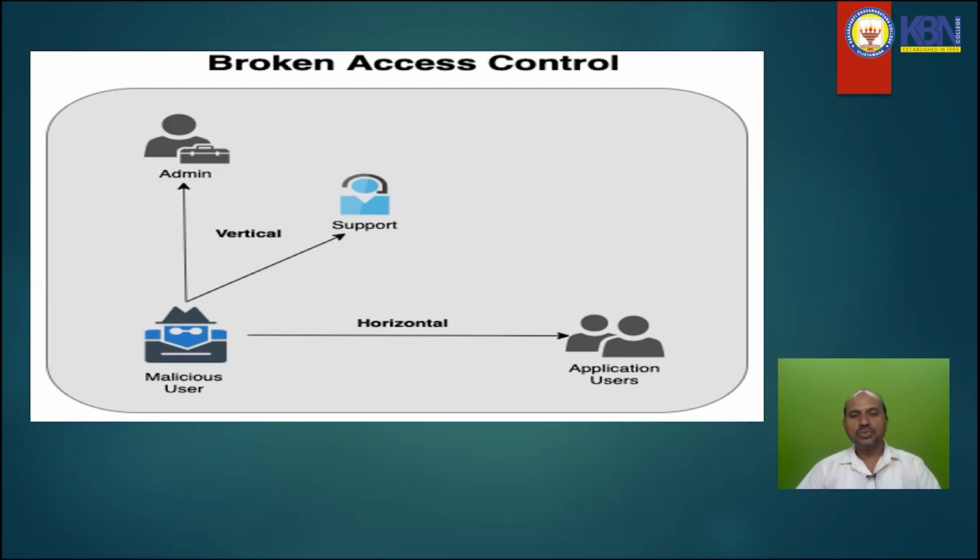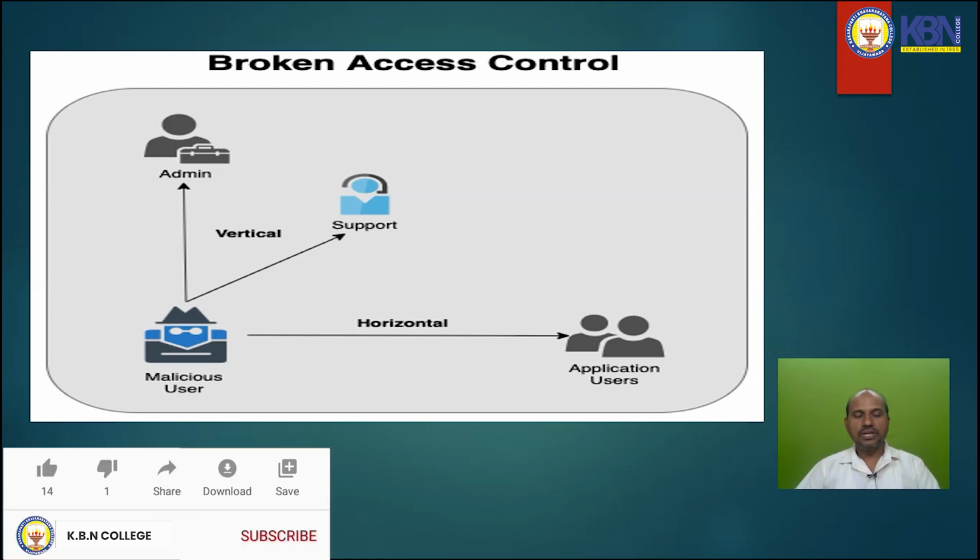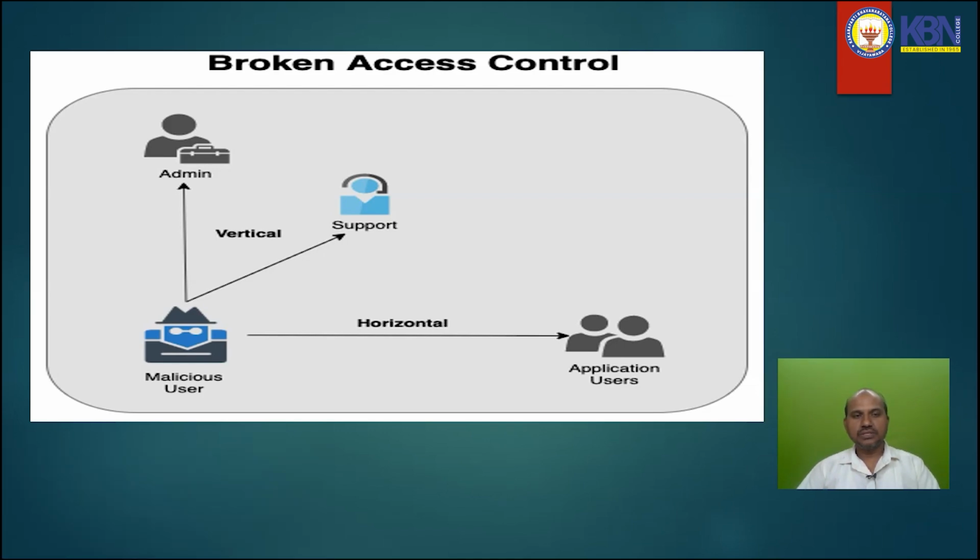That malicious user can access another application user's account. It is called horizontal broken access control. Another one is the admin user. The admin's task is to observe what orders and comments users have given and what the sales are.